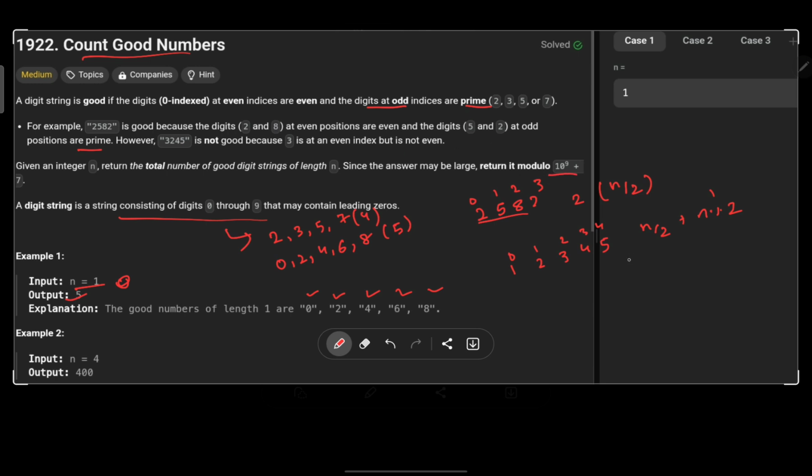As there are 5 even numbers, we have 5 possibilities.